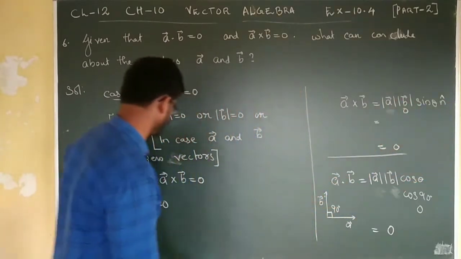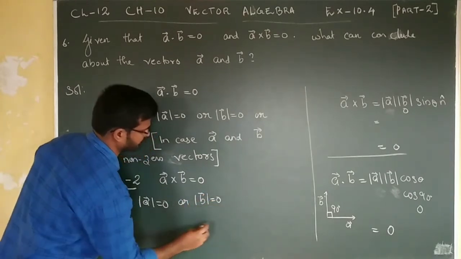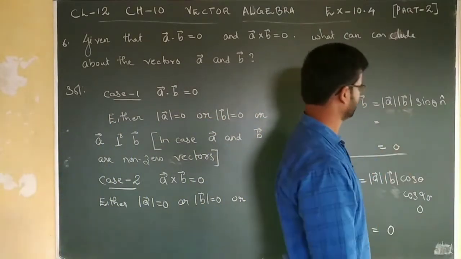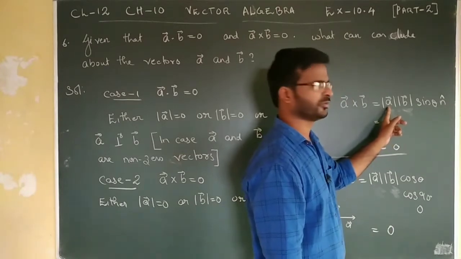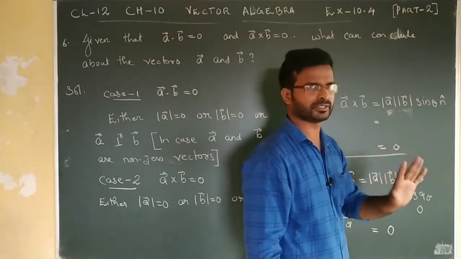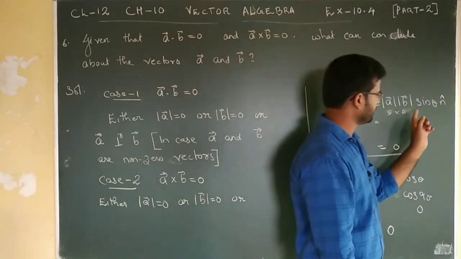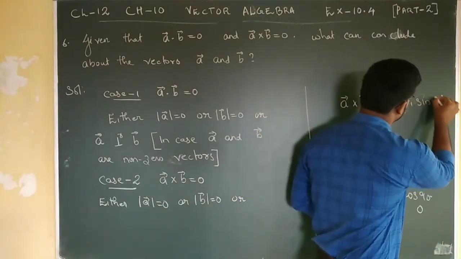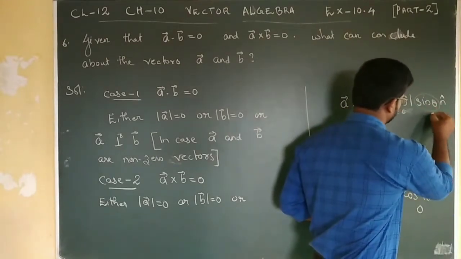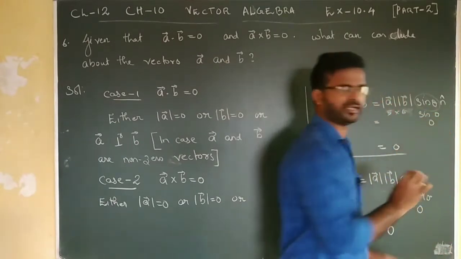Then the second case is the magnitude of B vector is 0. Or, just look here: the magnitude of A vector is some number, 5 or 6, any number. The magnitude of B vector is also another number, I just took 6. But then, can we make sin theta 0? In place of theta, if you give 0 degrees, sin 0 is 0.